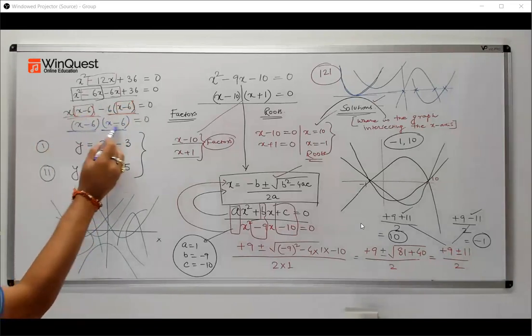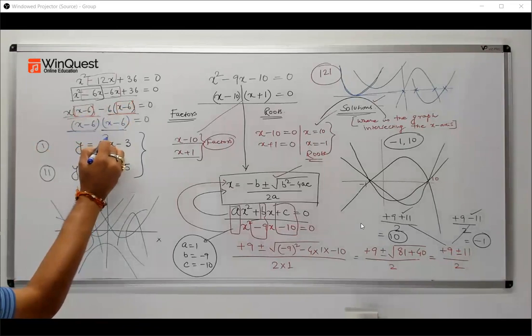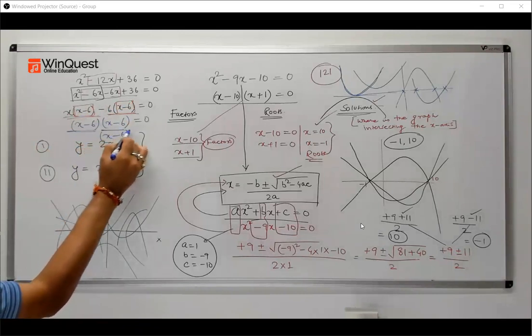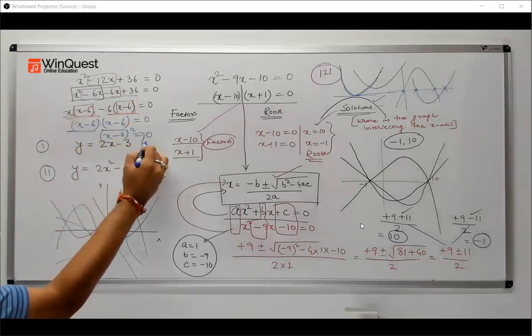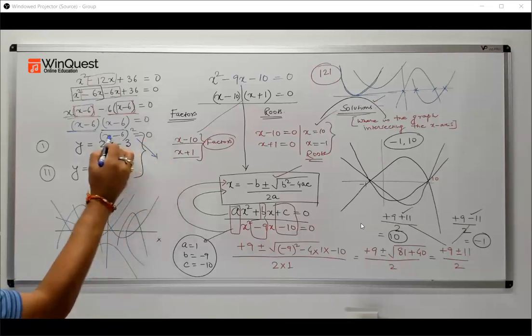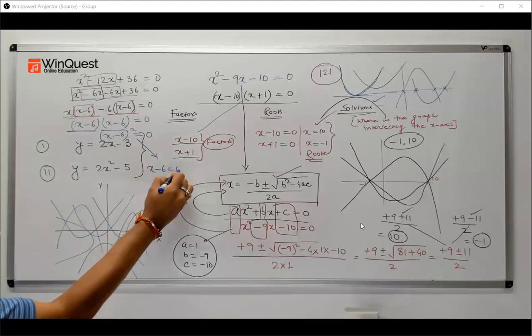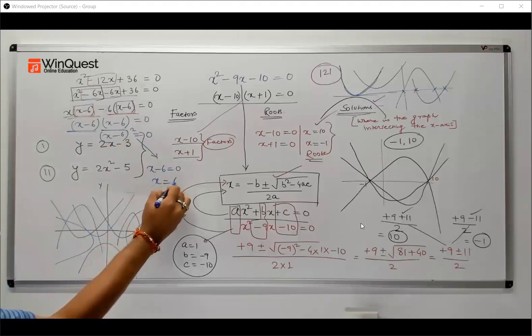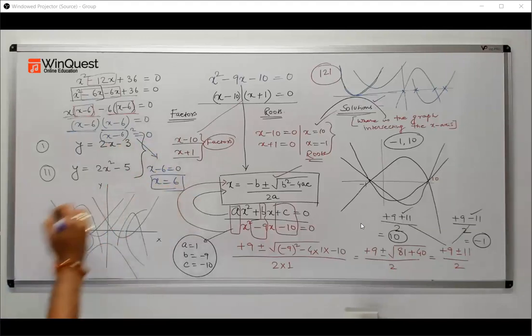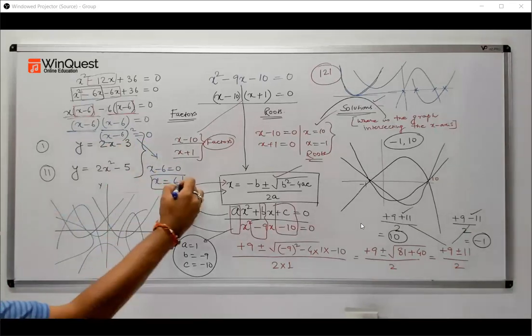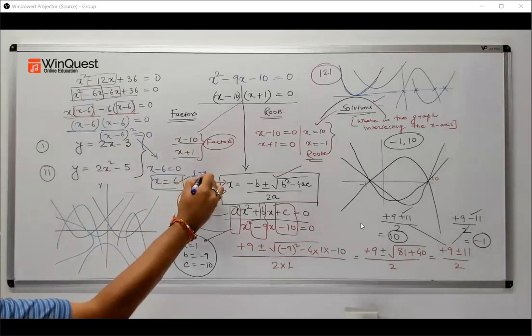When the 2 terms are the same, this becomes x minus 6 whole square equals to 0, which gives something whole square equals to 0 means the same statement equals to 0 and x is equal to 6. So in this particular scenario, you are only getting one root.